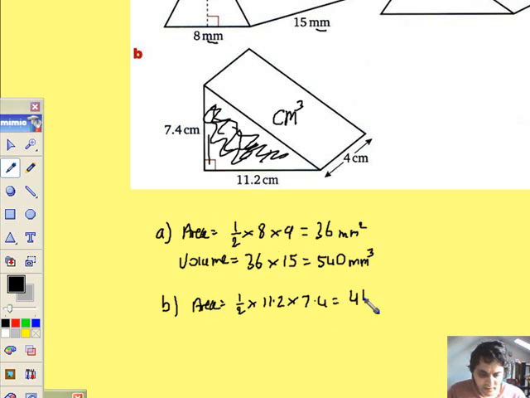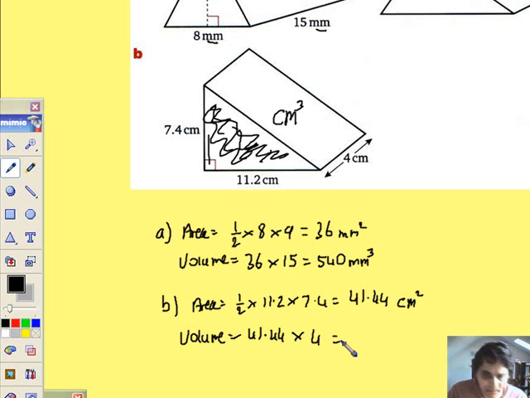So I've got 41.44, and it's an area, so it's centimeters squared. And the volume is going to be the front area there, which is 41.44. I've shaded it in for you a little bit.